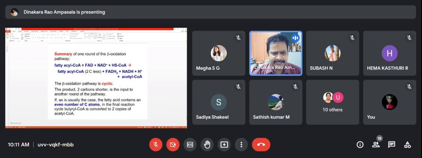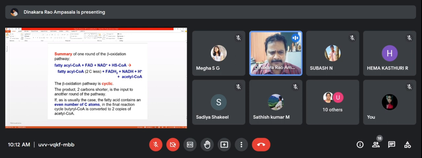The fatty acid molecule enters the mitochondrial matrix. It may be carbon 16, carbon 14, carbon 18, like that. So this fatty acyl-CoA plus FAD plus NAD plus plus coenzyme A gives you a fatty acyl-CoA that is two carbons shorter, plus FADH2 plus NADH plus H plus, plus acetyl-CoA.